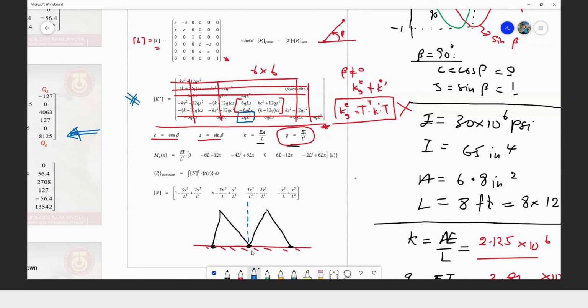So the one on the left has the same geometry as the one on the right. Left and right. And then looking at the loading, the loading is also the same. So if the geometry is the same and the loading is the same, then instead of solving the whole thing, we just take only half the part. You can take the right side or the left side.